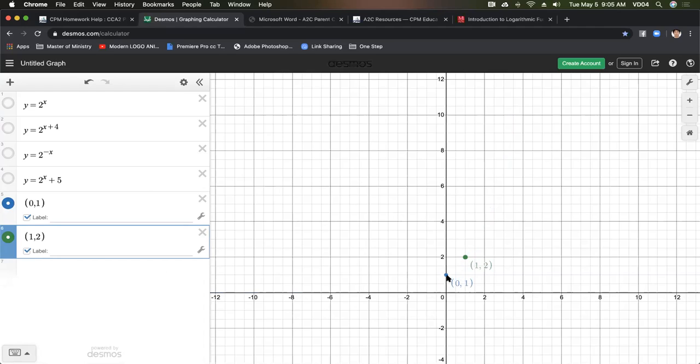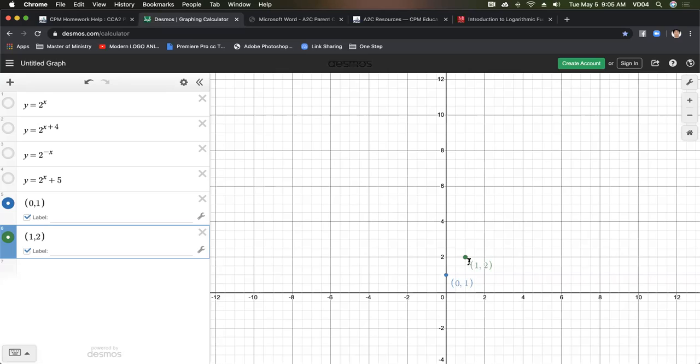So we have (0, 1) and (1, 2). By substituting the value of x so that the exponent becomes 0 or 1, we get the easiest way to compute y. We have x as the input and y as the output, so we have the 2 ordered pairs: (0, 1) and (1, 2).